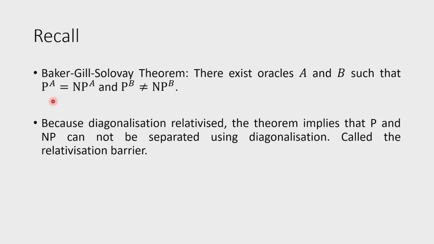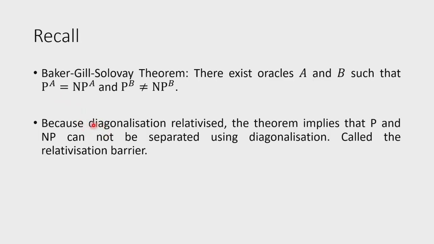For example, if both are time classes or both are space classes, then you should be fine. Basically, you should be able to pick a Turing machine that decides a language in C1, and that should be an acceptable Turing machine for C2. Maybe you can create some pathological classes, I'm not sure about that, but if you can pick a Turing machine from C1 that's also a Turing machine for C2, then it's fine.